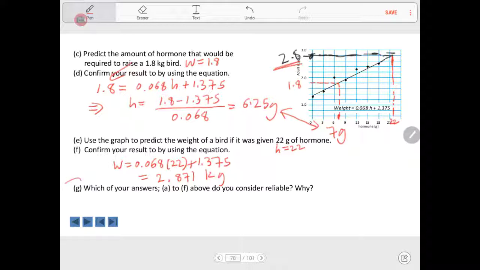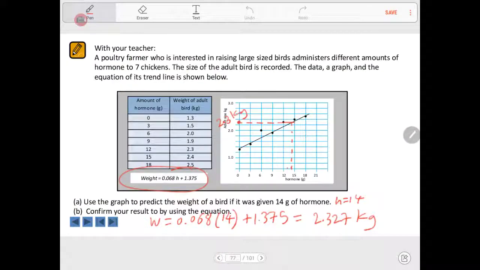Okay, so in part G, we're asked about reliability. Which of A to F, which of our predictions are reliable? Well, really A, B, C, D, and A and B are the same prediction. So we're just going to say the three predictions, really. So the first prediction, when 14 grams of hormone are administered, that was within the bounds of the data.